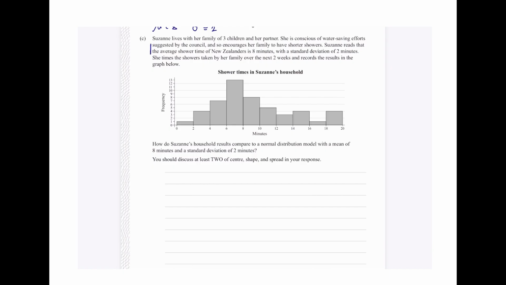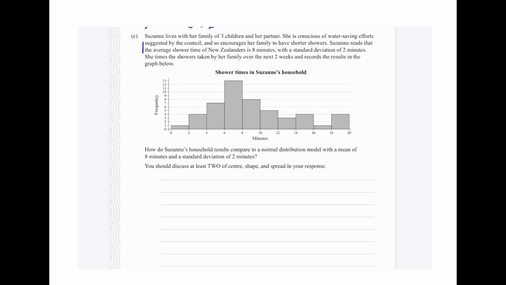They are, so that's not a problem. So what does she do next? She times the showers taken by her family over the next 2 weeks and records the results in the graph below. So we've got a distribution of her actual shower times there. How do Suzanne's household results compare to a normal distribution model with a mean of 8 and a standard deviation of 2? We need to discuss at least 2 of center, shape, and spread.